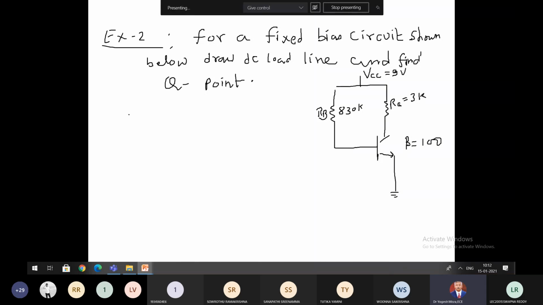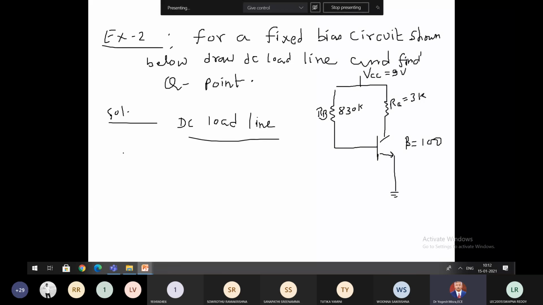Okay. So first we'll draw the DC load line. For the DC load line, you write the KVL in the outside collector and emitter loop.